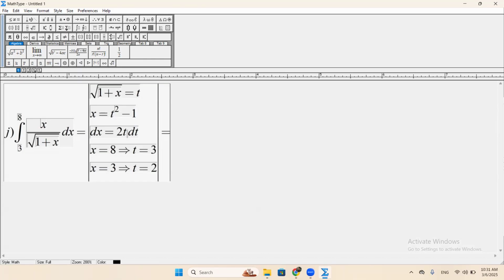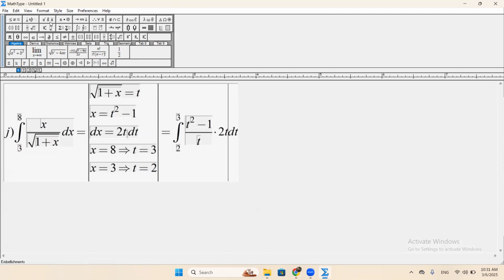Okay, now let's rewrite the new integral, rationalized integral. So from 2 to 3, t square minus 1, divided by t and multiplied by 2t dt.